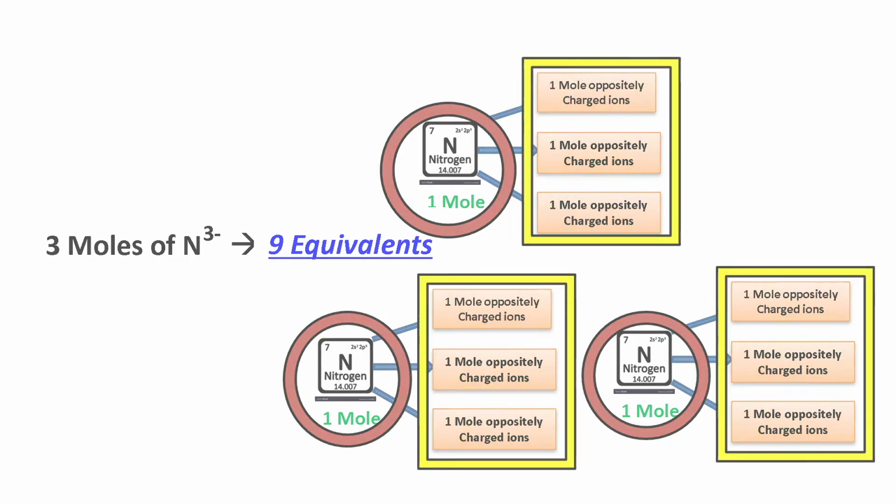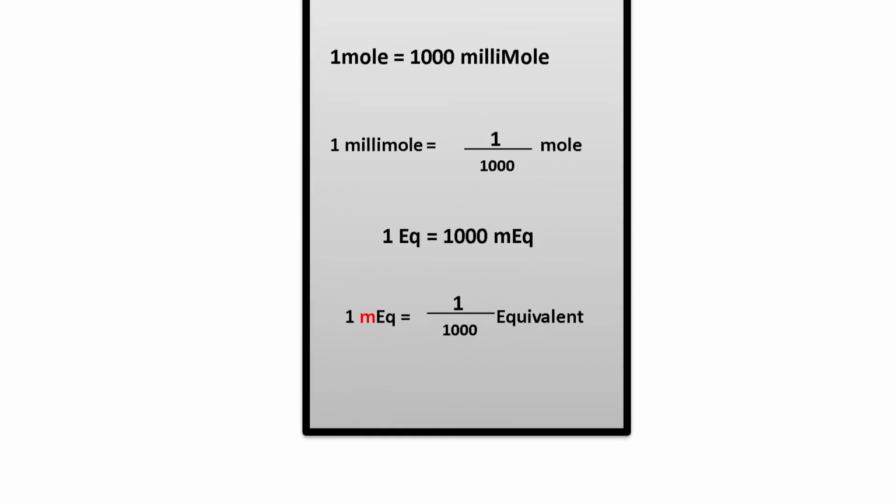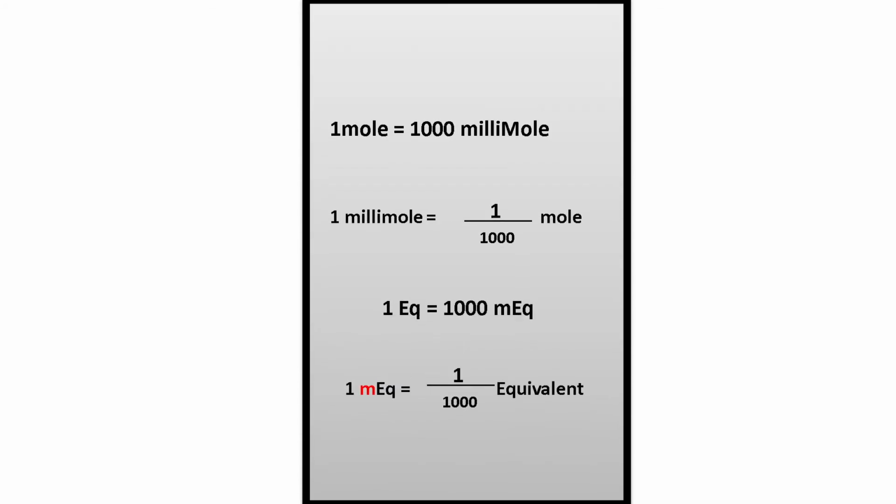Let us see the relationship between mole and millimole. 1 mole is equal to 1000 millimoles, or in other words, 1 millimole is equal to 1000th of a mole. Similarly, 1 equivalent is equal to 1000 milliequivalents.